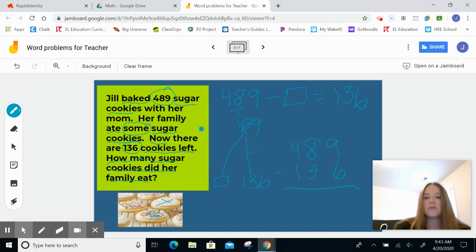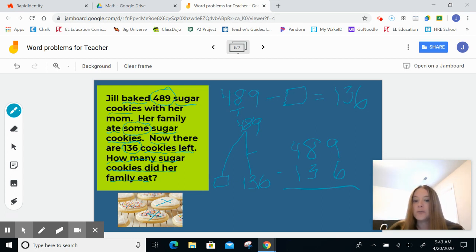This answer is going to help me figure out the unknown. Here, you can do old school algorithm if you want. You can do a proof drawing, whatever one you want to solve for it.